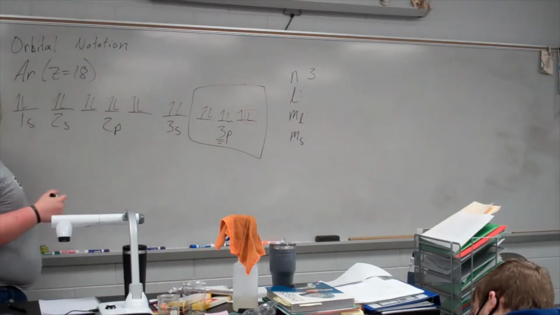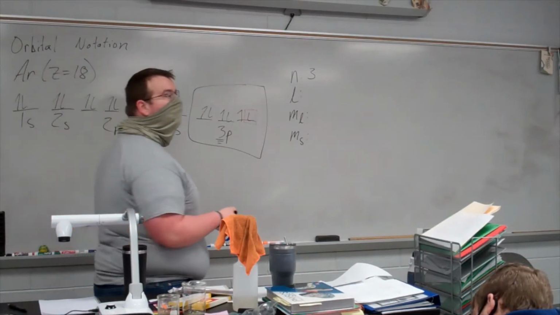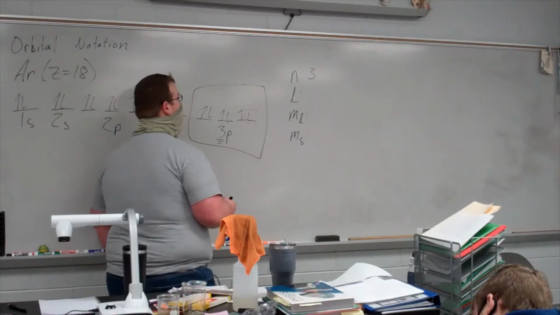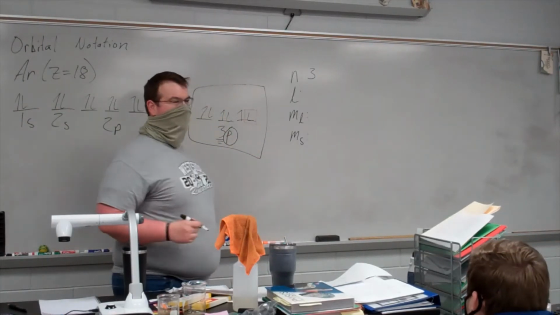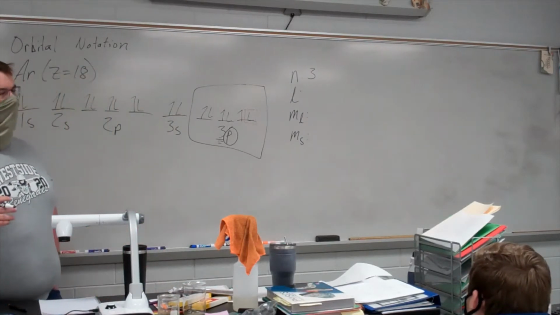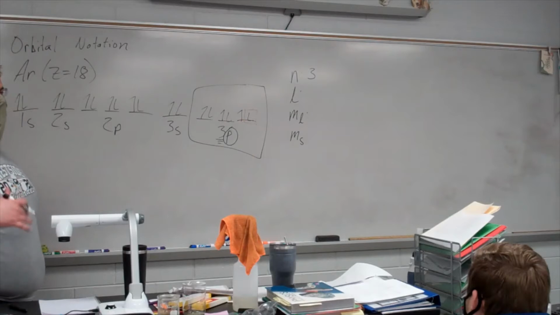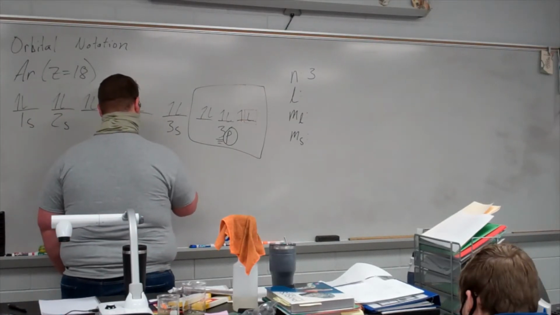Next thing we'll do, we'll look at L. L is right here. I know what you're going to say. Mr. Hall, hold up. That's a letter. That's not a number. Remember back to what we said before when we did those electron configurations.